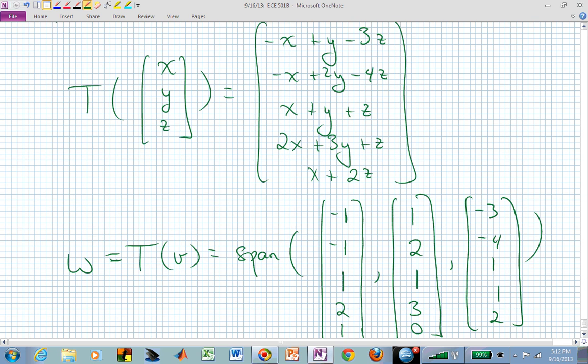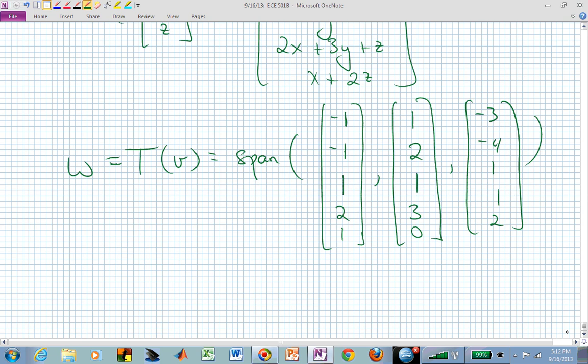What's the possible largest dimension that I could span with these three vectors? 3. I can only get into a 3-dimensional space with 3 vectors, even though they're 5 tall. They're 5 by 1, but I can only get to 3 directions with those vectors.